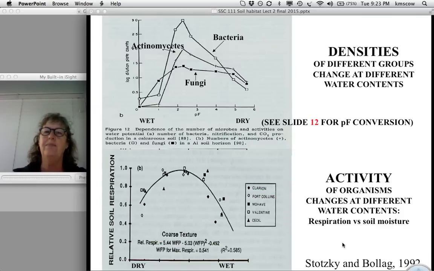And these are looking at the gross activity, like a net activity of everybody present. You definitely see these kinds of patterns, even though if you looked at particular groups of organisms, you may find that they have some different relationships with respect to water. But if you add them all up together, this is a very typical kind of pattern that you see.